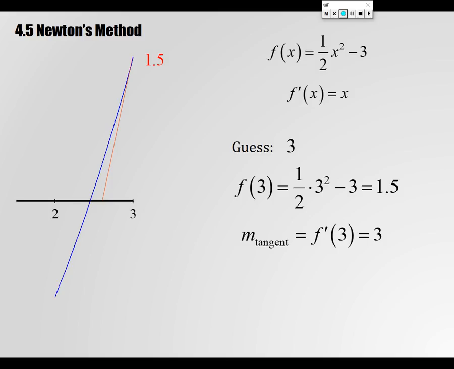What would we have to subtract off here? Let's call that amount that we're off by z. Well, that's 1.5. And if the slope is 3, can we figure out what z is? Sure we could. The slope is 1.5 divided by z, which is 3 apparently. So z is 1.5 over 3.